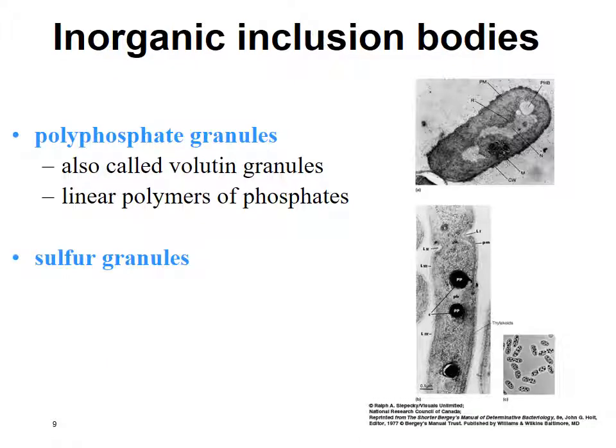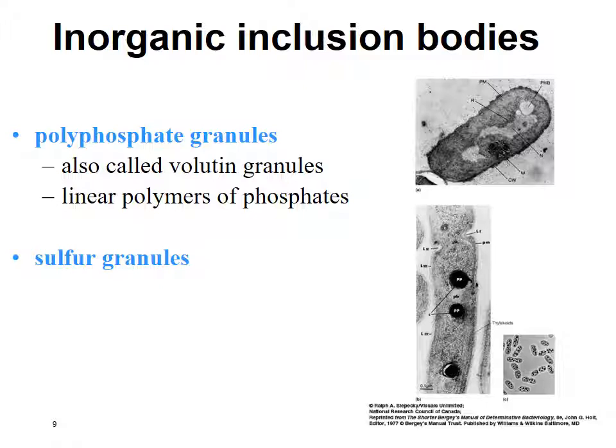There are two major types of inorganic inclusion bodies seen in lots of bacteria. Polyphosphate granules, for example, are used for the storage of phosphate. Polyphosphate is simply a linear polymer of phosphates joined together by ester bonds.